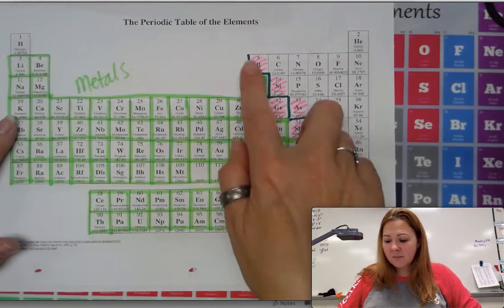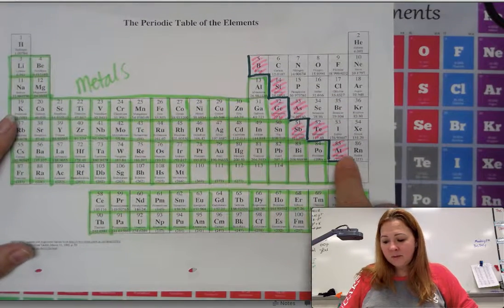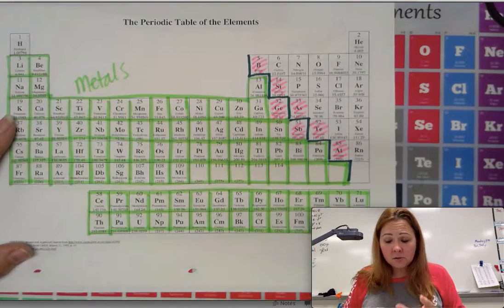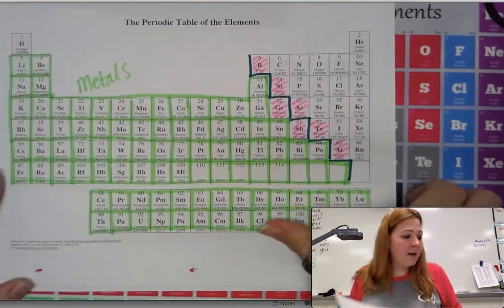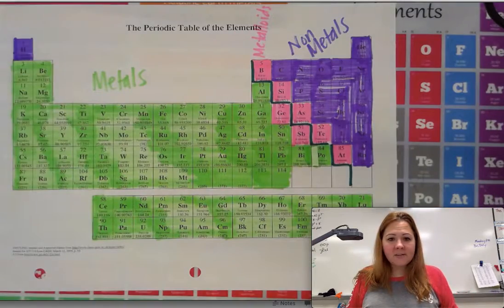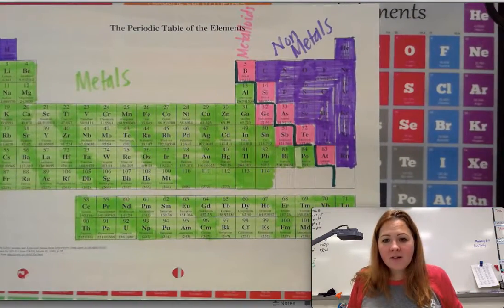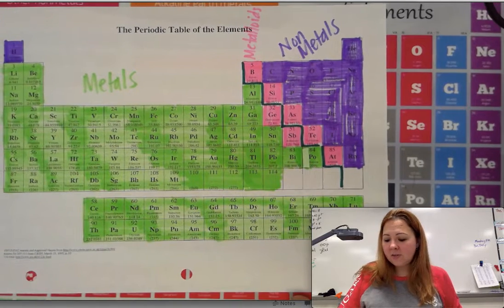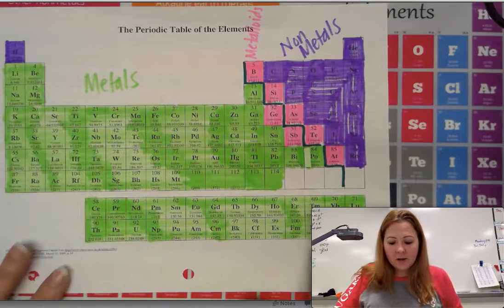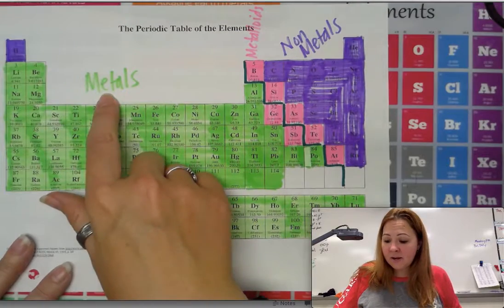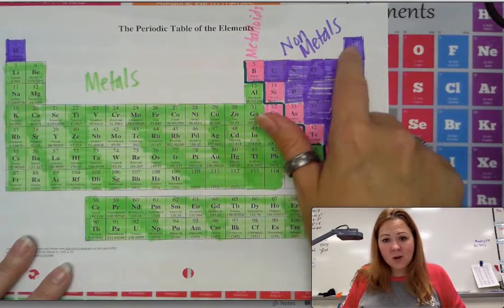Metalloids are stuck in the middle, and then my nonmetals that we colored last time are all dull. They're not conductors of heat and electricity. They are not ductile, they're not malleable. So now your periodic table should look like this, where you have 3 different colors. We have our stair-step line in the middle that we made first. I have my metals one color and labeled, and I have my nonmetals a different color and labeled as well.